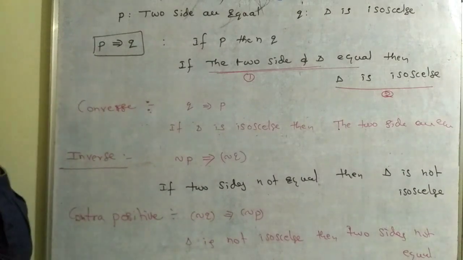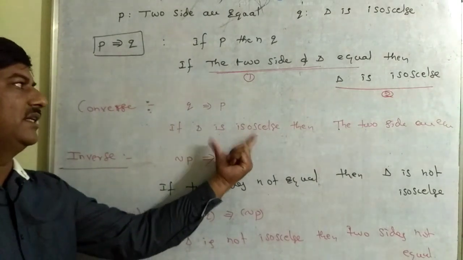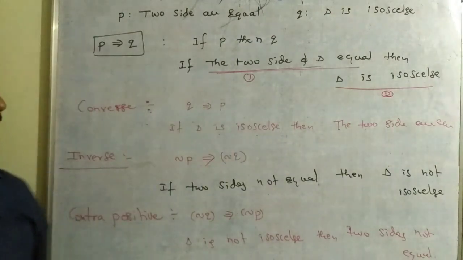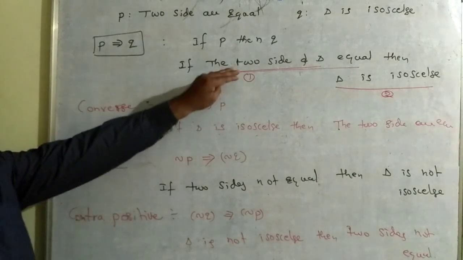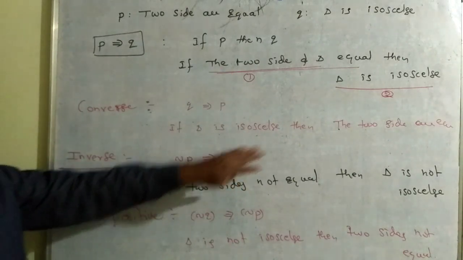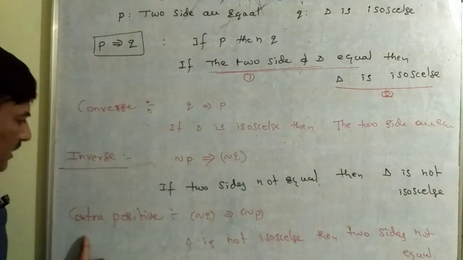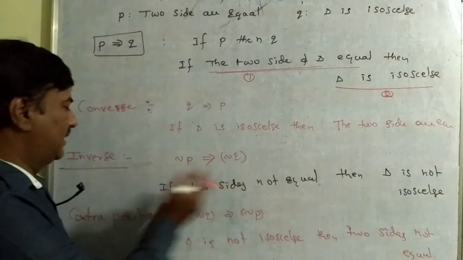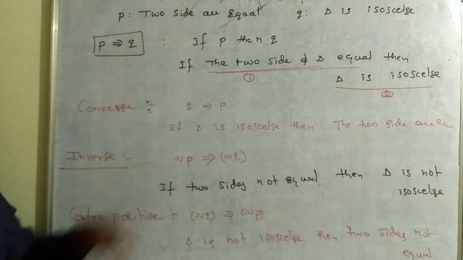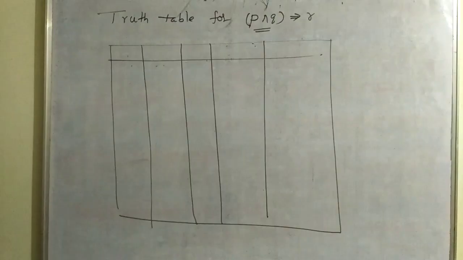Now converse means the second statement as the first statement and the first as the second. Just write that, and we'll get the converse. Inverse means simply we can write the negation of the first statement and the negation of the second statement. And contrapositive means again, for the inverse, write the reverse. That is nothing but applying the converse to the inverse. Converse of inverse is contrapositive.